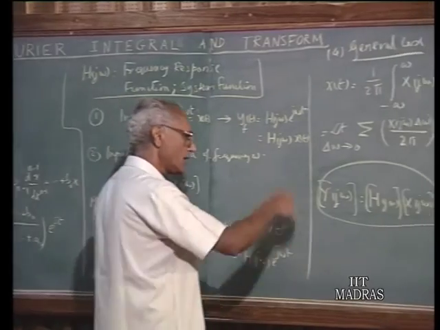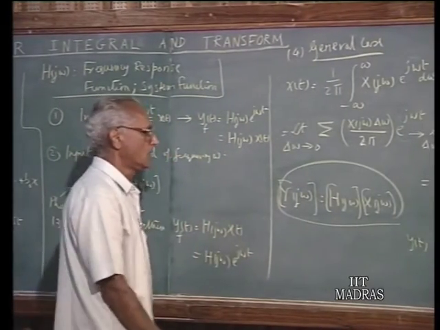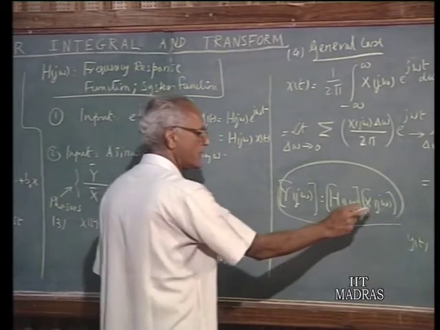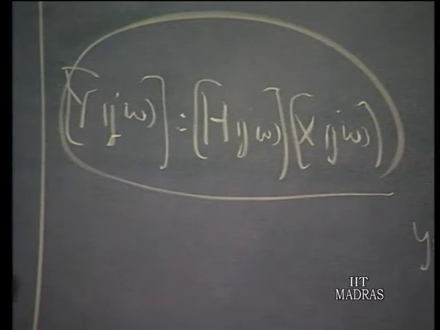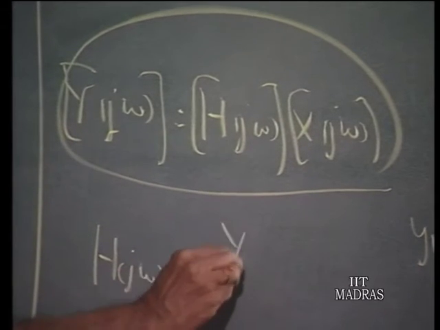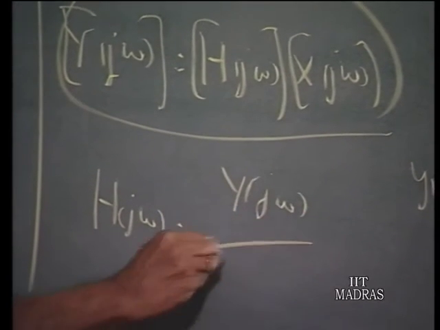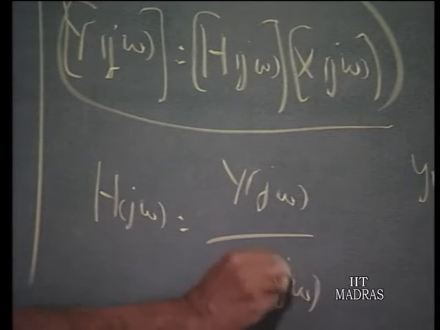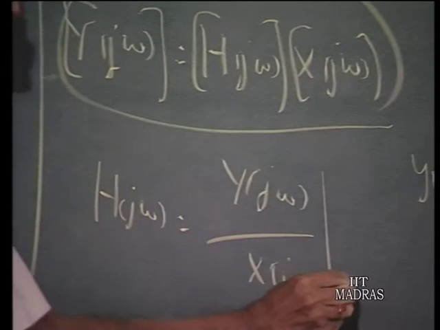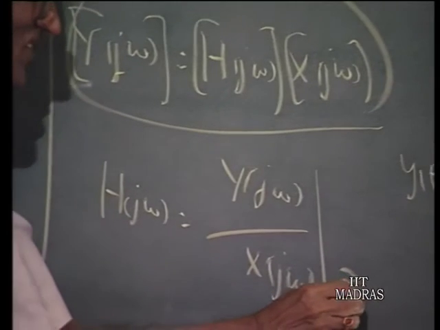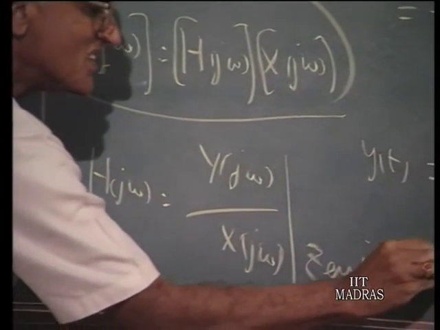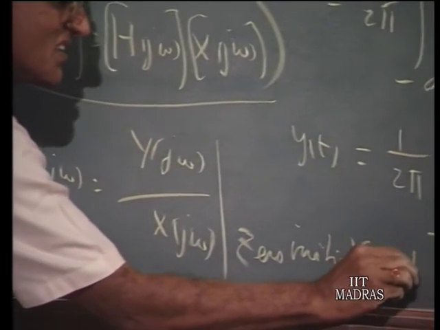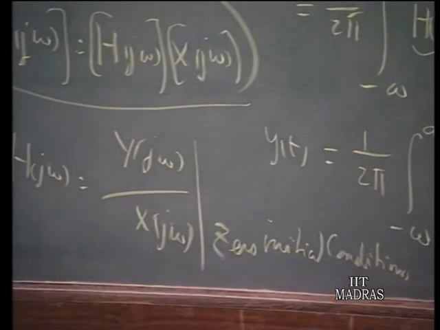So, we can say that the output Fourier transform will be the input Fourier transform multiplied by h of j omega, or h of j omega can be thought of as the Fourier transform of the output to the Fourier transform of the input with 0 initial conditions. I will talk about that later.